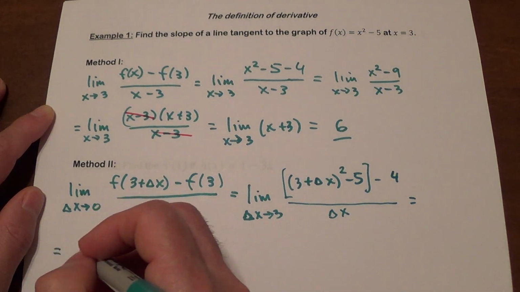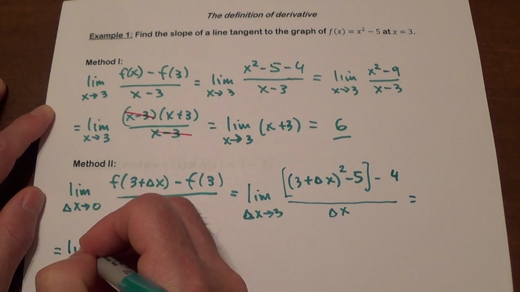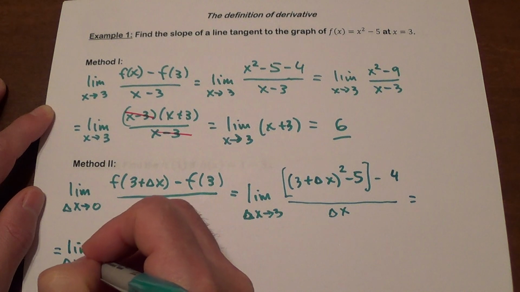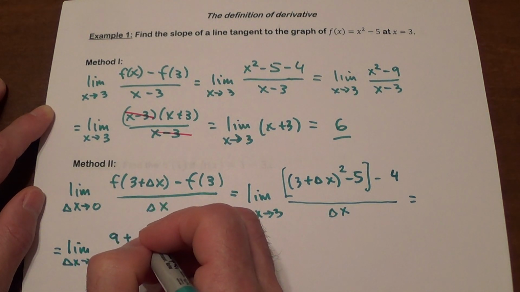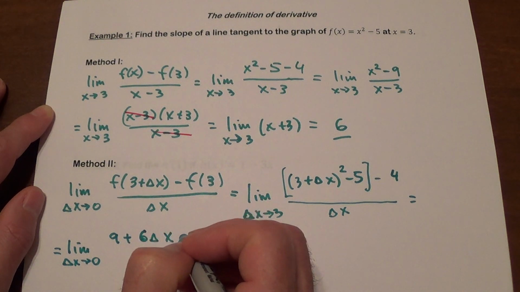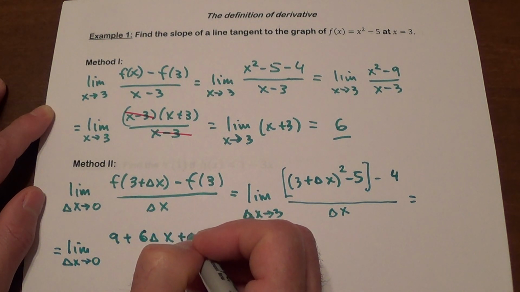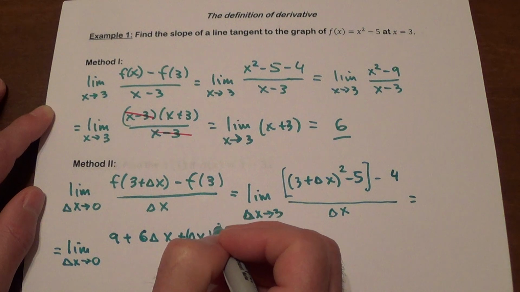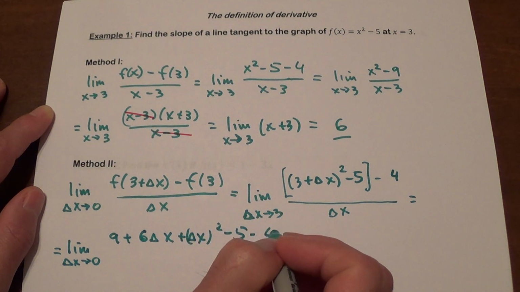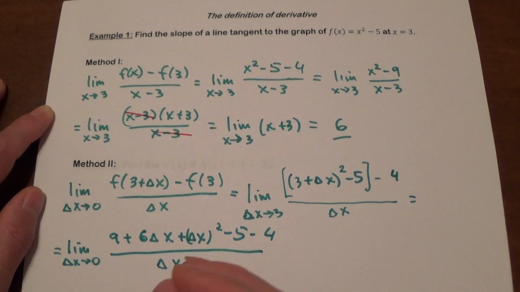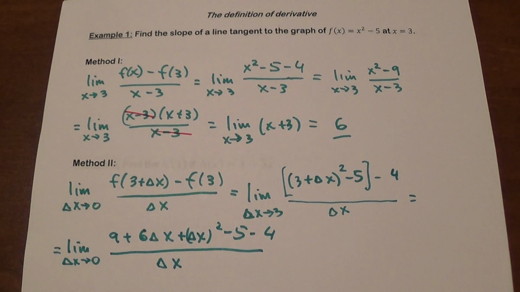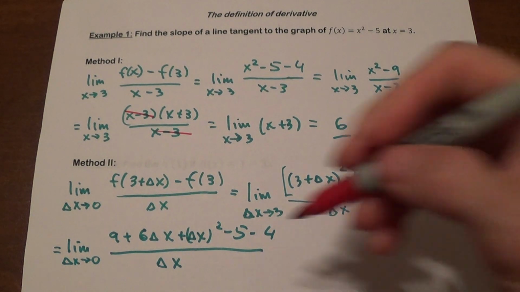So continue with this. We're going to have to distribute all this. So it's the limit as delta x approaches 0 of 9 plus 6 delta x plus delta x squared minus 5 minus 4 divided by delta x, right? So you can see that 9 minus 5 minus 4 will cancel.